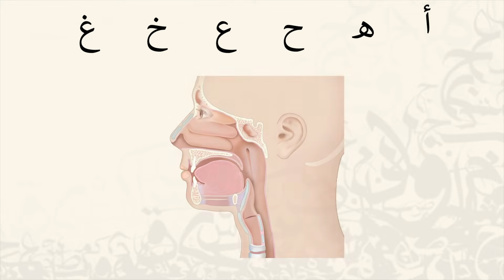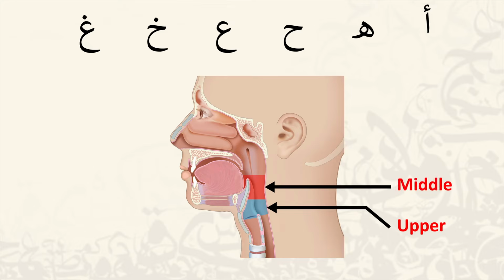If we look at the throat, we will see it's divided into 3 main areas. The upper throat, this is the deepest point of the throat, approximately at the crag. Then the middle throat, which is a little up the crag, and finally the lower throat. It is the beginning of the throat at the end of the mouth cavity, approximately at the glottis.